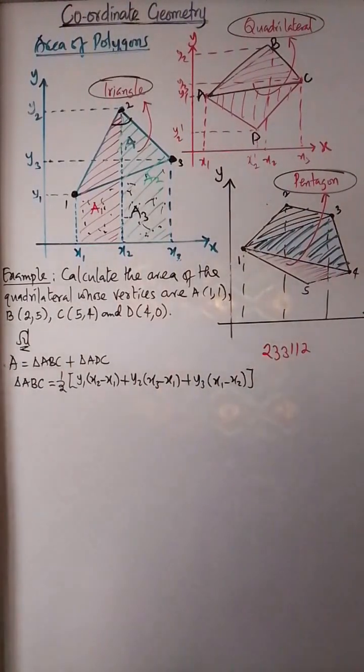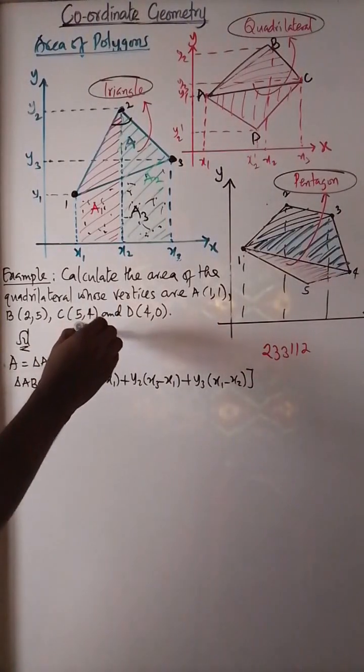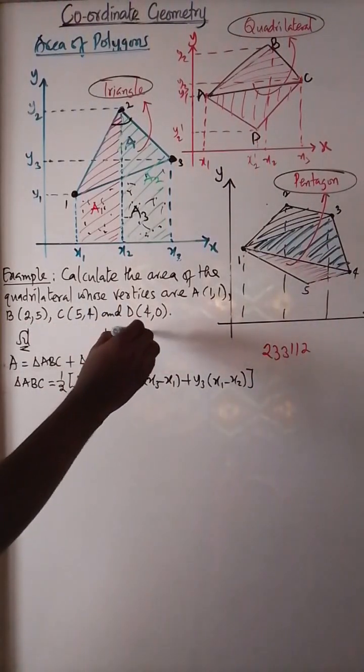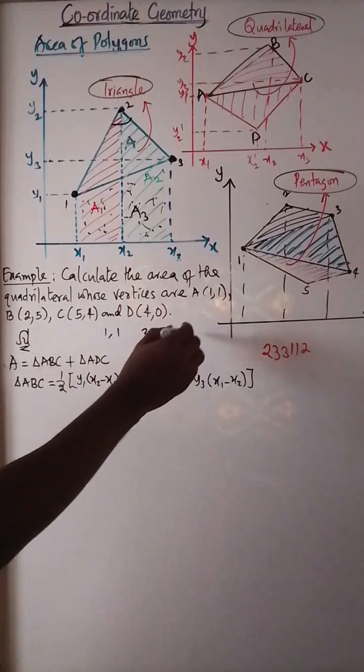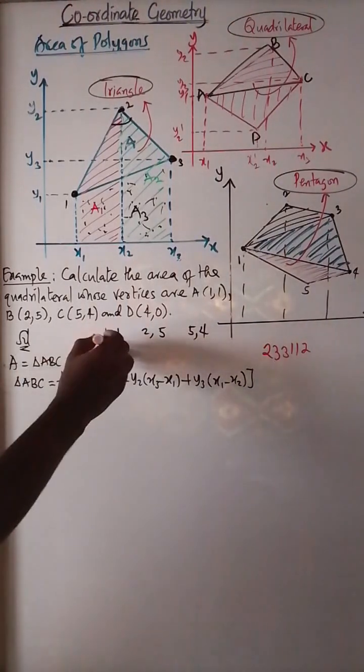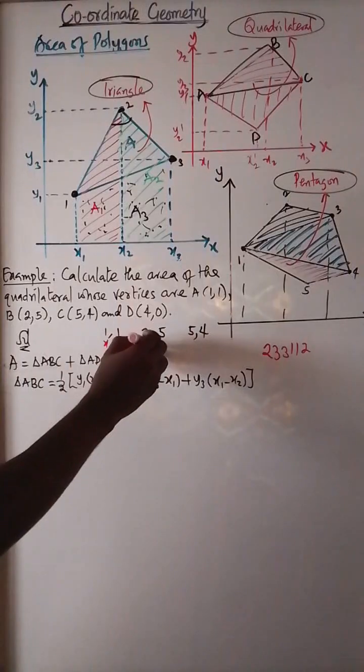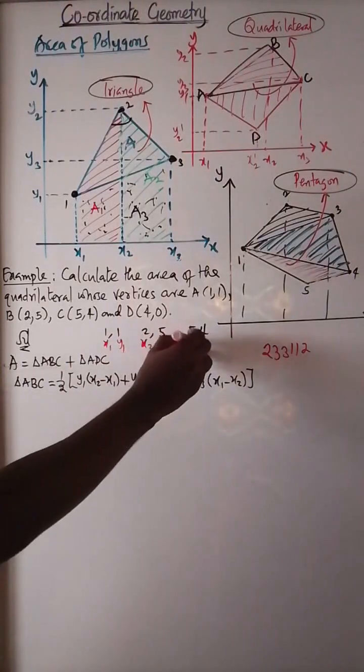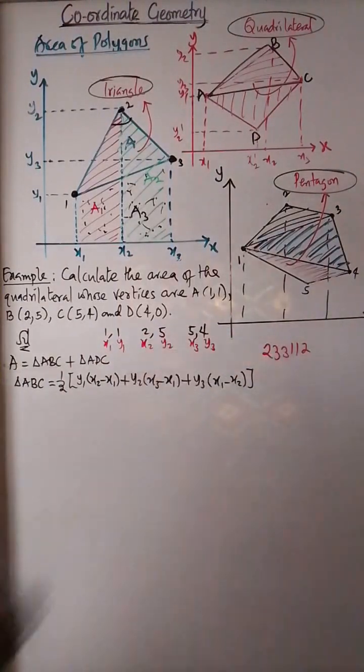So what are the 3 points? We are using ABC first. We have 1, 1, then we have 2, 5, and we have 5, 4. So these are our x1, y1, x2, y2, x3, y3.